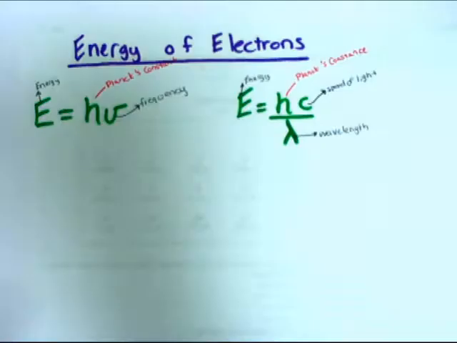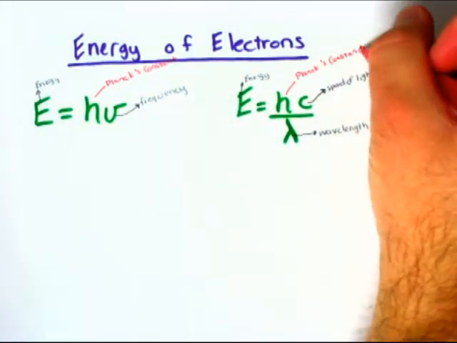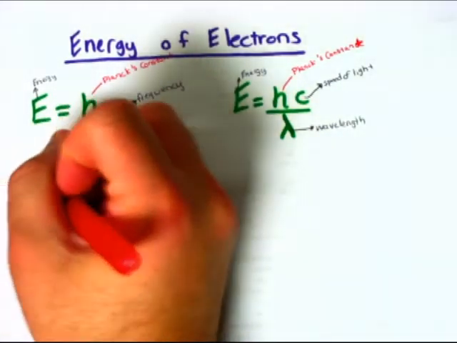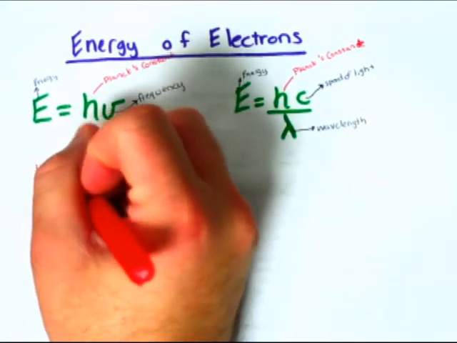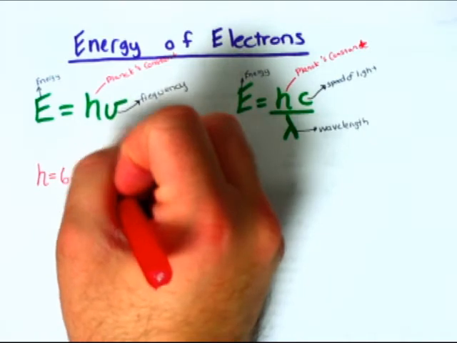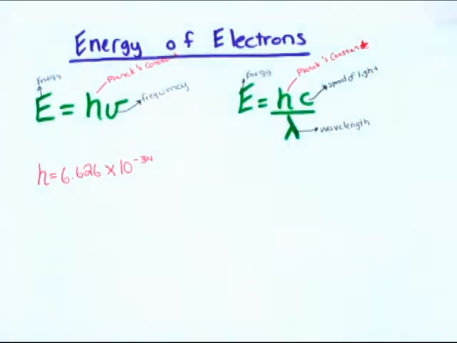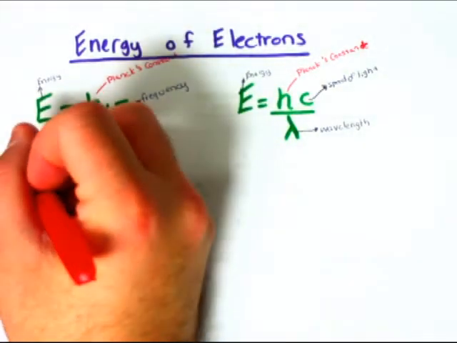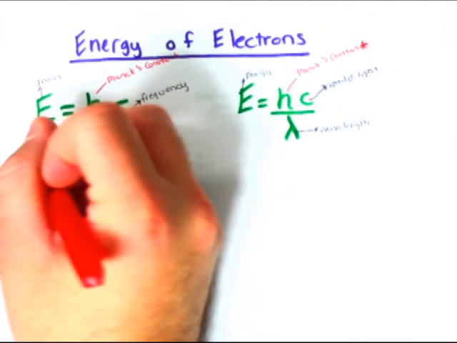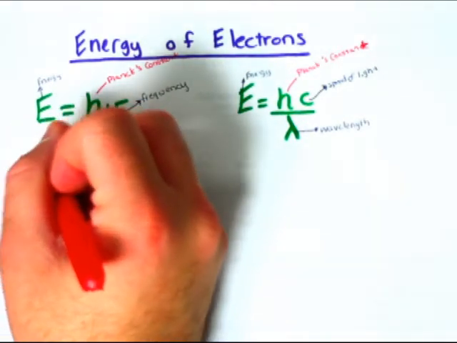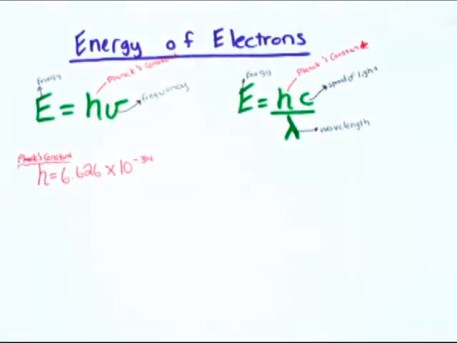And since it's a constant, I have to go over its value. So the H constant has a value of 6.626 times 10 to the negative 34. And that's a constant. Again, that's Planck's constant. A value that never, ever will change. 6.626 times 10 to the negative 34.